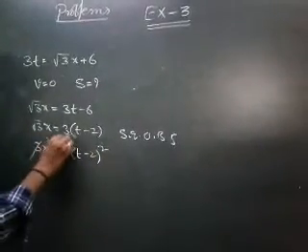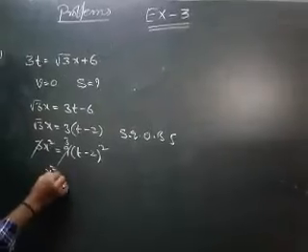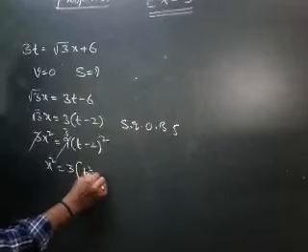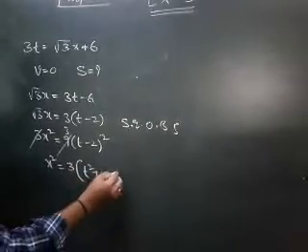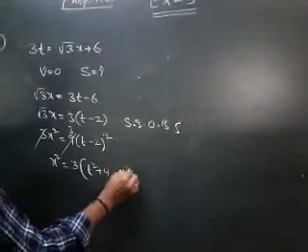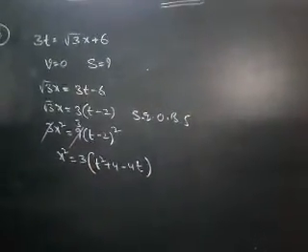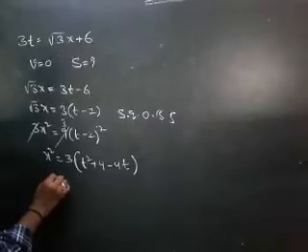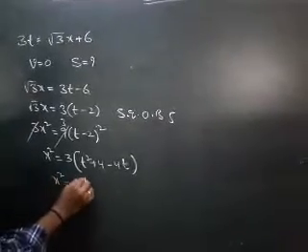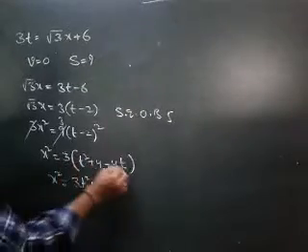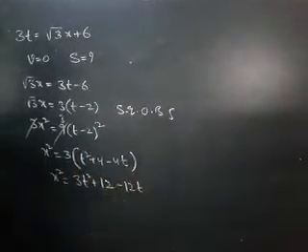Therefore x is equal to 3 into t square plus 4 minus 4t. This is an a minus b whole square expression. Then x is equal to 3t square plus 12 minus 12t.